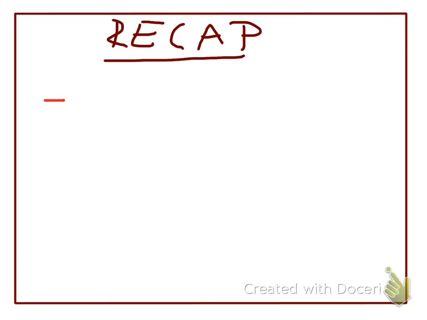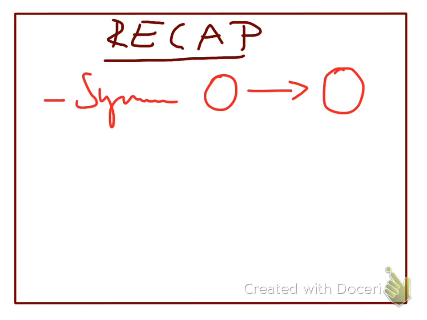Now we've talked about symmetry, and how we can think of it as being a measure of how things remain the same even though I did something to them. For example, rotation of a sphere.